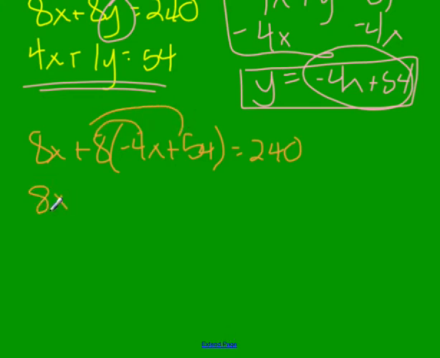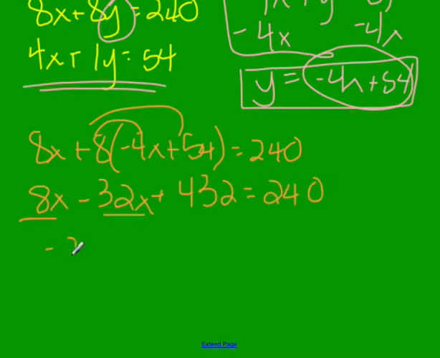So we have 8x minus 32x plus 432 is equal to 240. So combining those two, you get negative 24x plus 432 is equal to 240. Subtract that from both sides.